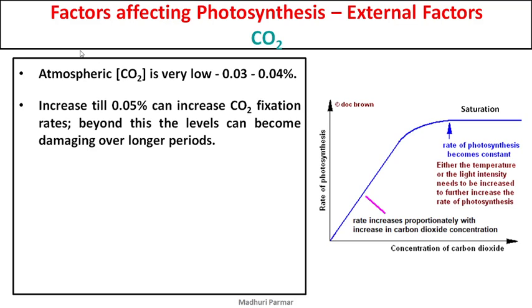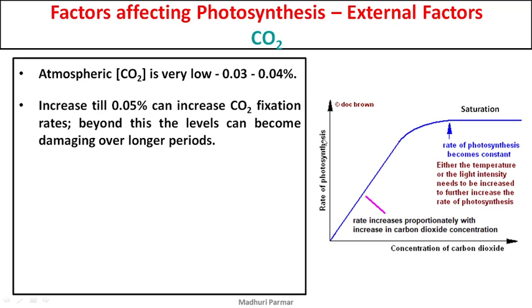An increase till 0.05% can increase the carbon dioxide fixation. Beyond this, the level can become damaging over longer periods. Again, the whole process of photosynthesis has been made in such a way that it can tolerate up till 0.05% of carbon dioxide, but more than 0.05% is again damaging to the leaf.